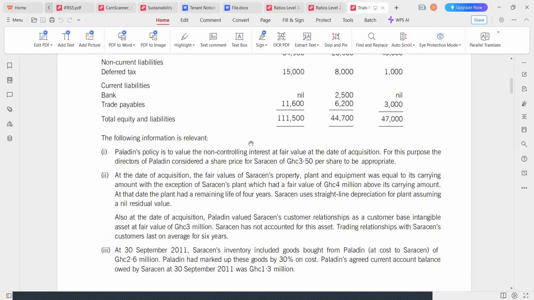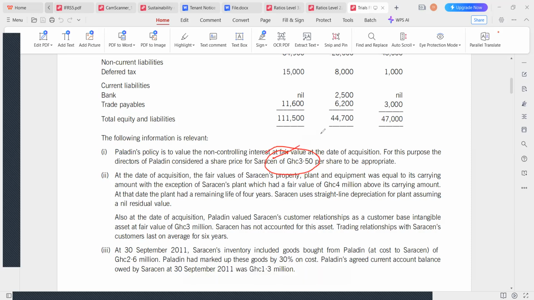Paladin policy is to value non-controlling interest at fair value at the date of acquisition. For this purpose, the directors, that's note 1, consider the share price of Saracen. If the examiner gives you the share price of the subsidiary, it means that is what we use to value the NCI.